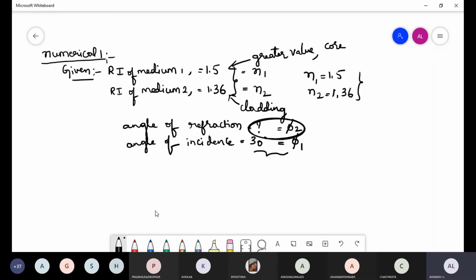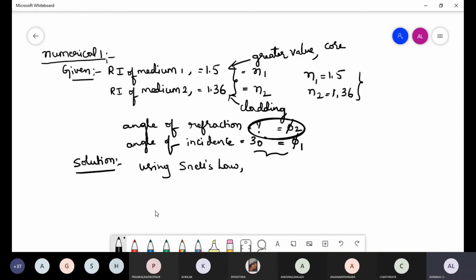So in that case, how we can use the solution, because these are the given terms. Solution is using Snell's law.